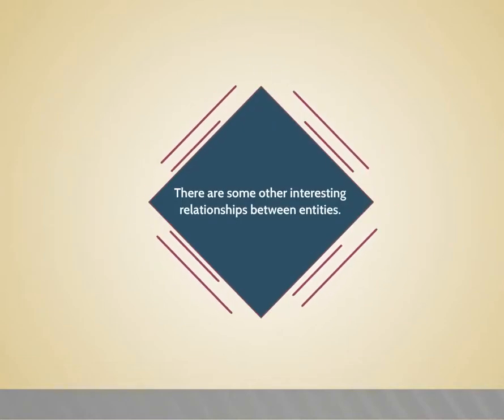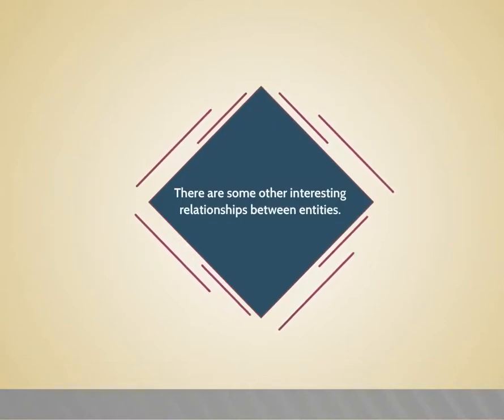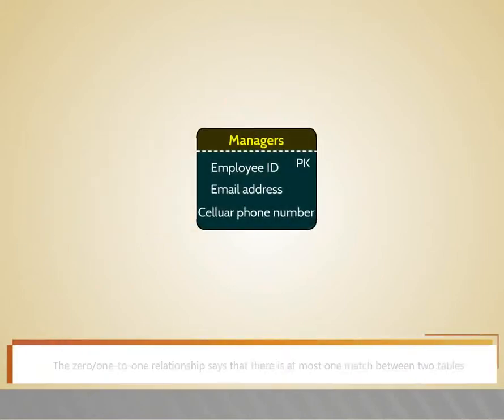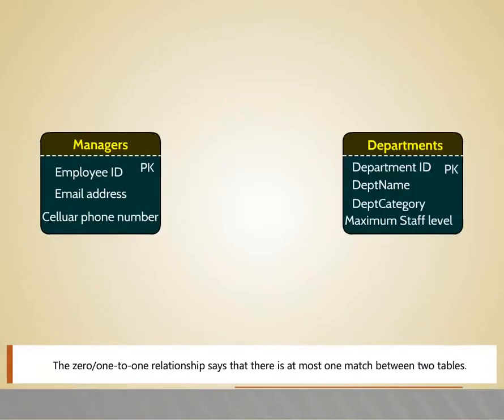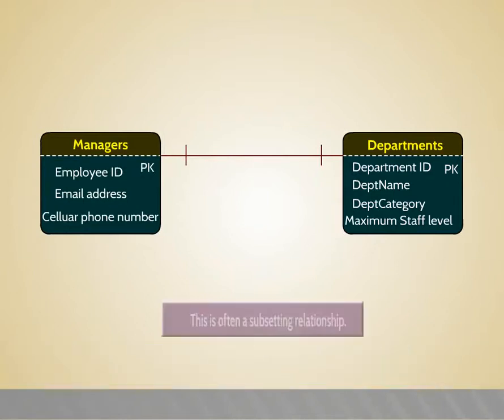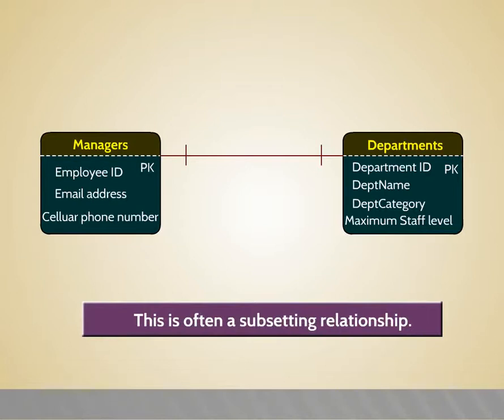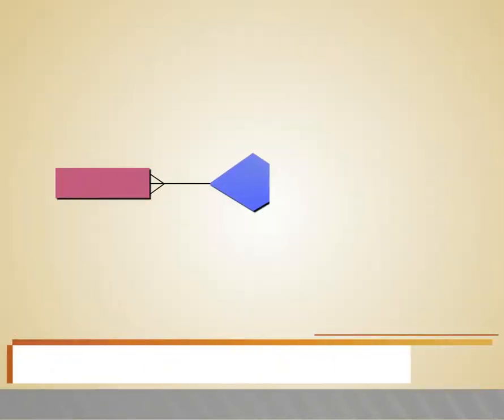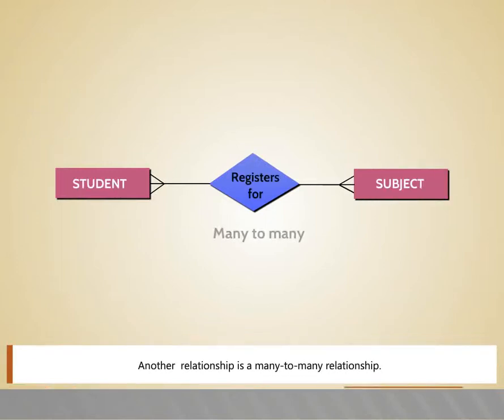There are some other interesting relationships between entities. The 0 or one-to-one relationship says that there is at most one match between two tables. This is often a subsetting relationship. Another relationship is a many-to-many relationship.